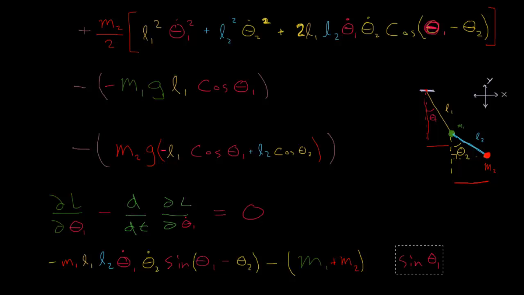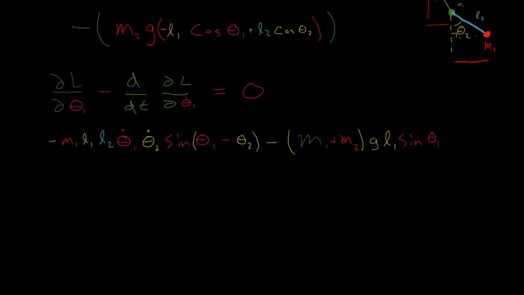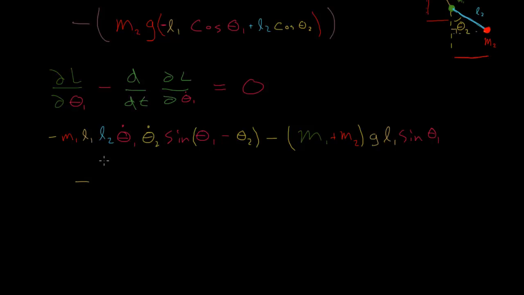I might be using up more time by explaining it and not writing it. But anyway, g L1 sine theta 1. You can see that these terms are in common, and so there's just an m1 or an m2 difference here. So this is L1, so this minus this term here, and then that should all equal 0.